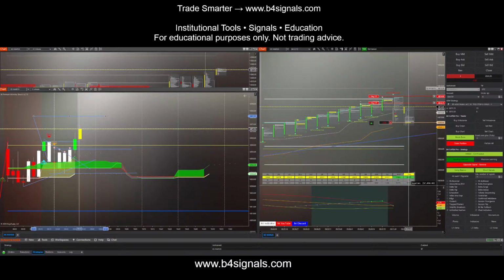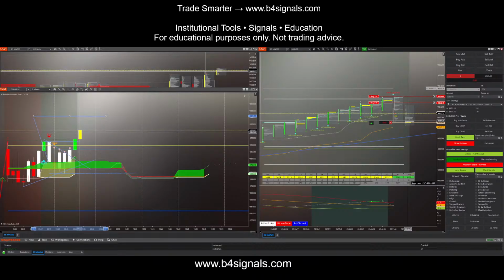Volume built at the bottom of that candle, the wrong direction. That's the band right there. That's the bulk of volume that did push it down.